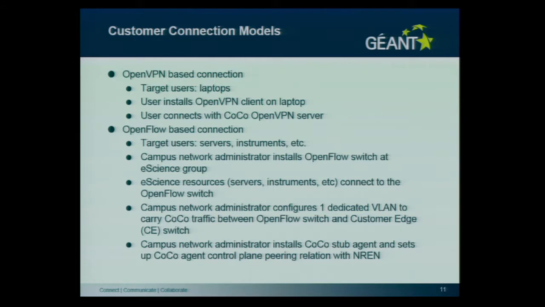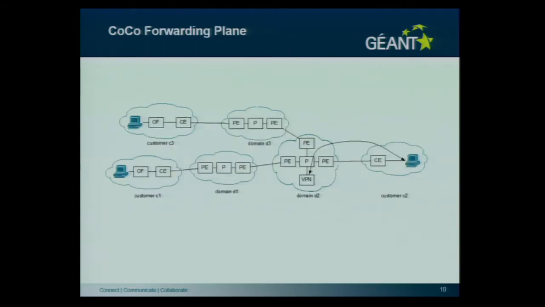So we have defined two ways in which customers can connect to the service. One of them is via a VPN client, for example, OpenVPN. That's shown over here. So this is a customer.